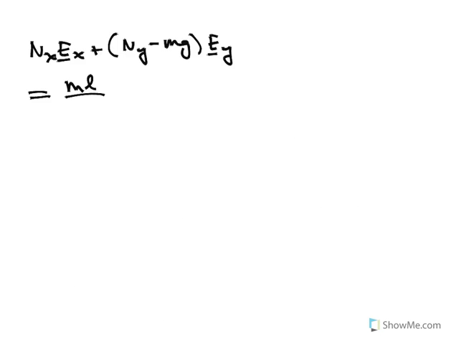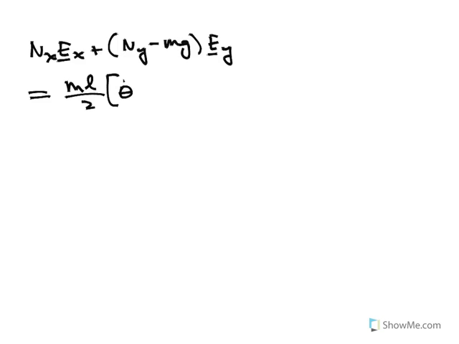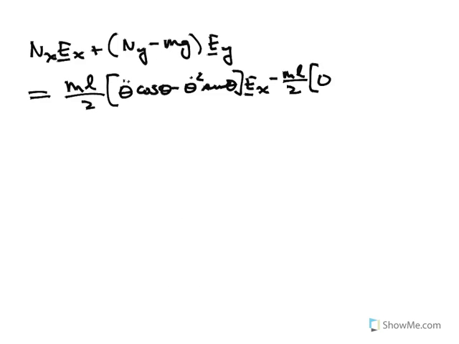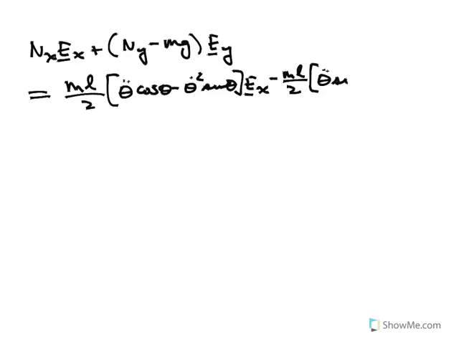We get ml over 2 times theta double dot cosine theta minus theta dot squared sine theta, times Ex. And then we have minus ml over 2 times theta double dot sine theta plus theta dot squared cosine theta, times Ey.